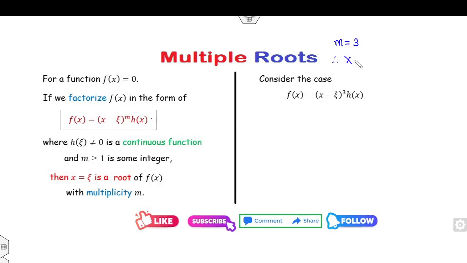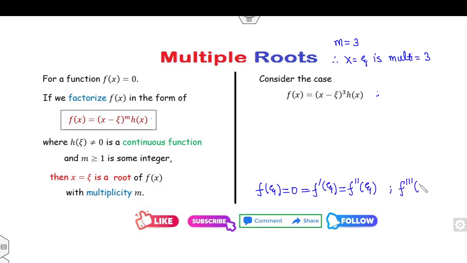So I can say x equal to xi is a root with multiplicity 3, or in other words f(xi) is 0, f'(xi) is 0, f''(xi) is 0, but f'''(xi) is non-zero.